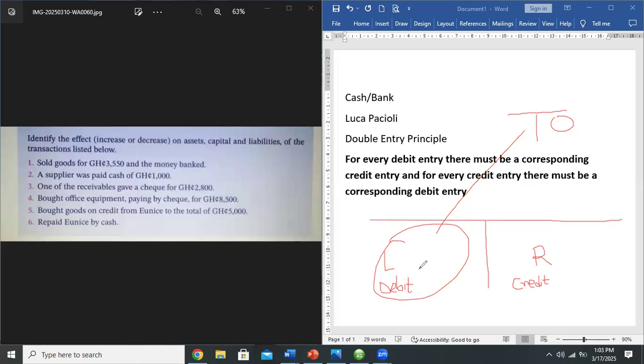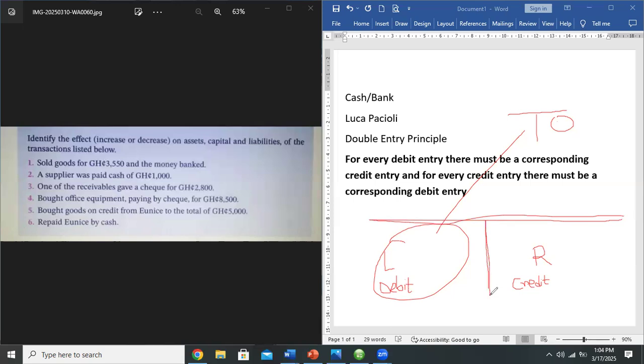Now, what is left for us to do is to understand this principle. And for you to understand this principle, Luca Pacioli, who was the one who brought this principle, says that for you to record a transaction, you need an account, right? An account looks like this. It is a T.